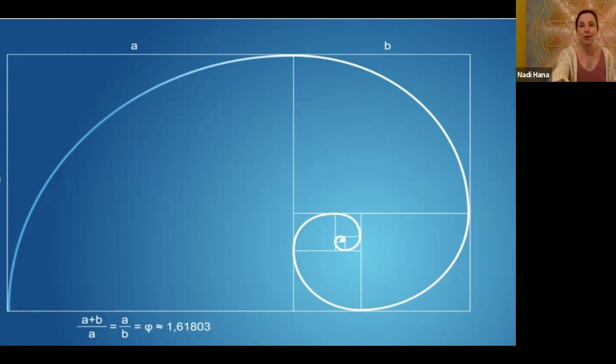So the phi ratio being this beautiful spiral, and the Fibonacci sequence being the squares and structure supporting the phi. This shape is also sometimes referred to as the golden mean or the golden ratio.